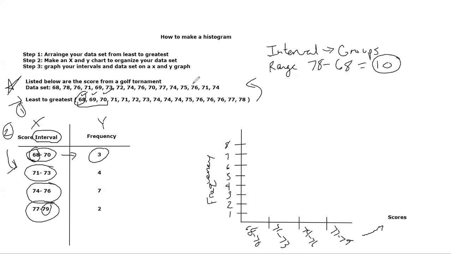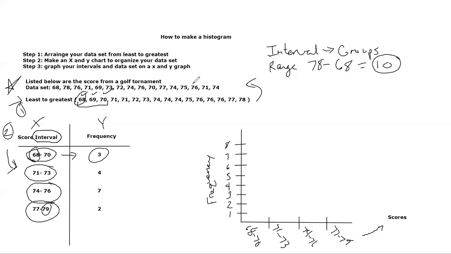That's how I got 3. Frequency is the number of items in that interval. In this case, items is just numbers. It's just data points. So there's 3 frequency. The frequency of data points in score interval 68 through 70 is 3. There's 3 numbers that fit into the 68 through 70 category.